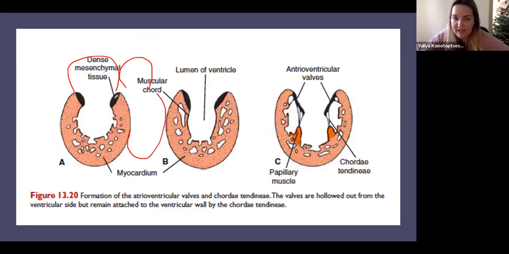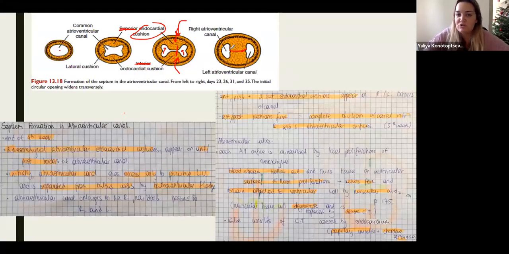So this little black tissue right here is going to be your fused anterior posterior endocardial cushion. This part right here is indicated on this picture as this part. Do you see? So it's the same thing, just from different views. One is lying down, one is standing up.